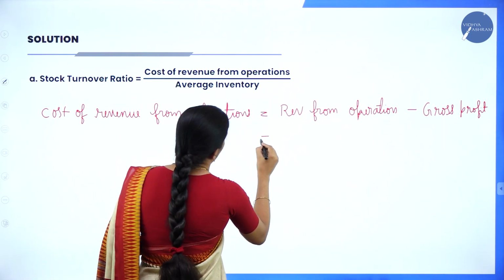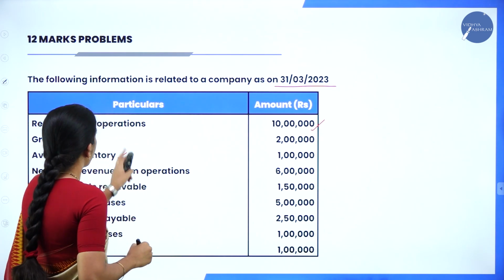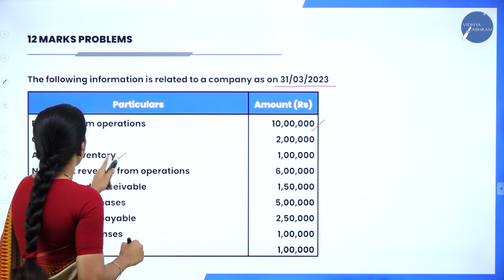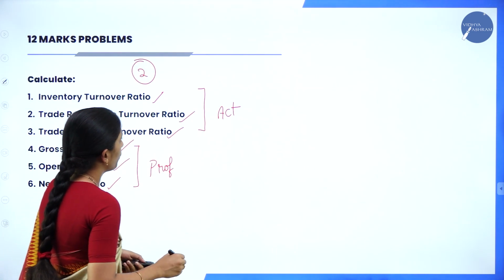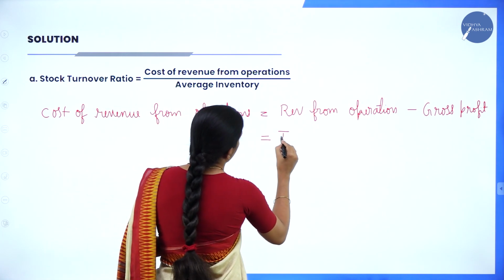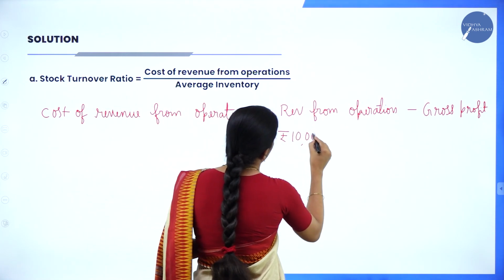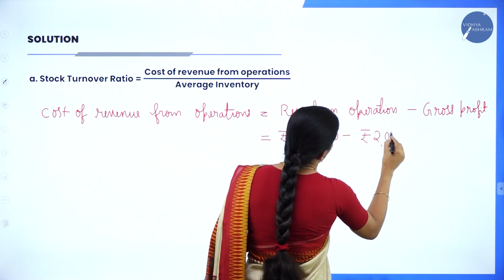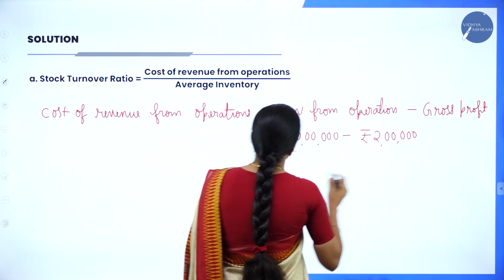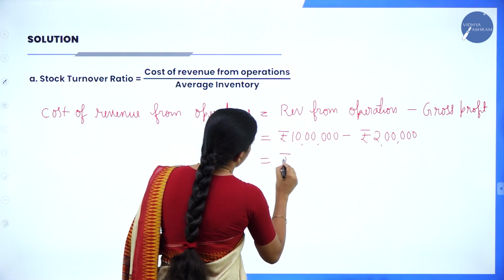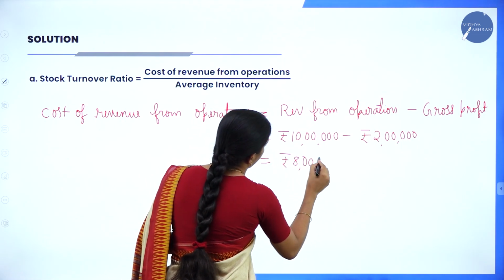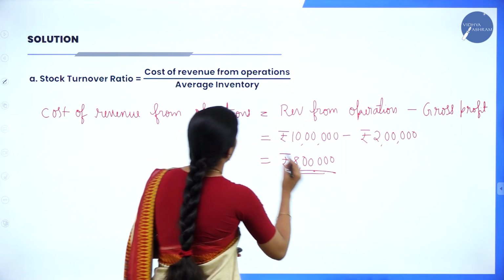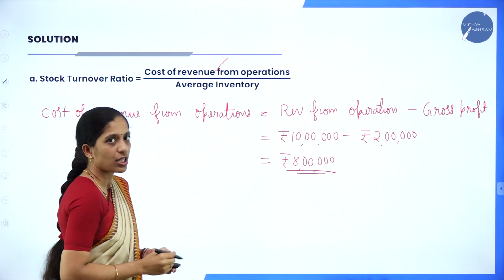Now, how much is revenue from operations? Revenue from operations is 10 lakh, minus gross profit is 2 lakh. So, rupees 10 lakh minus rupees 2 lakh, that will be rupees 8 lakh. So, we got cost of revenue from operations.